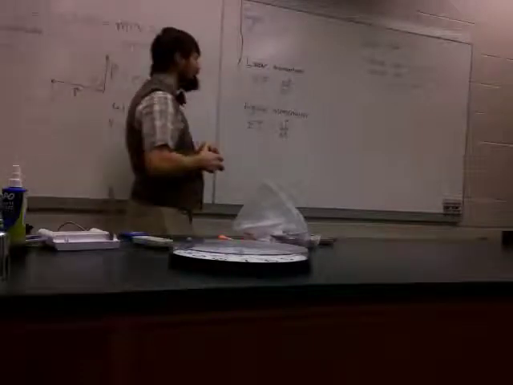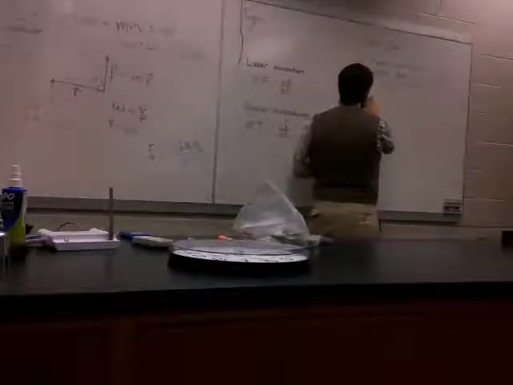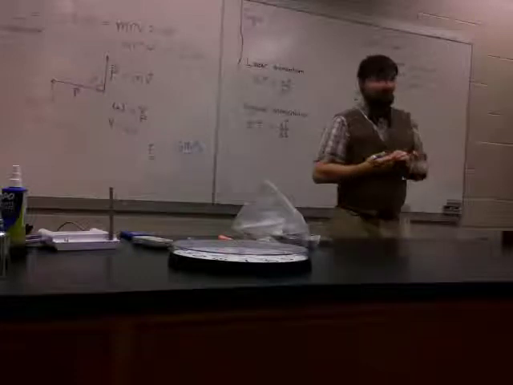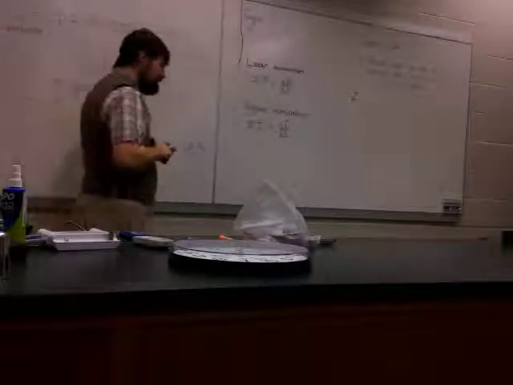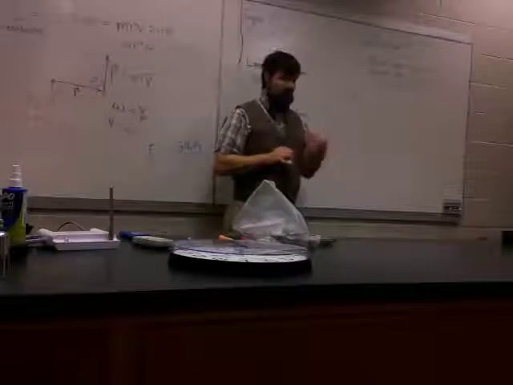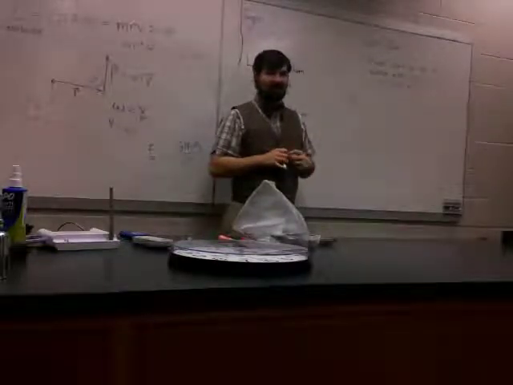So, Kepler, by the way, there are 3 laws. I'll just give all 3 of them to you. But the second law is what's called the equal area and equal time law.